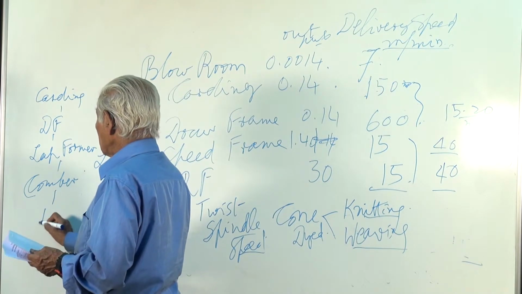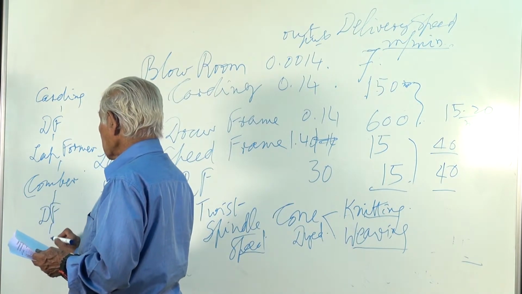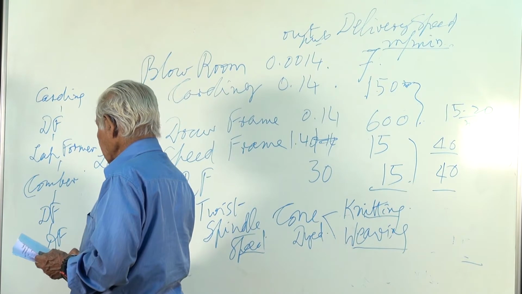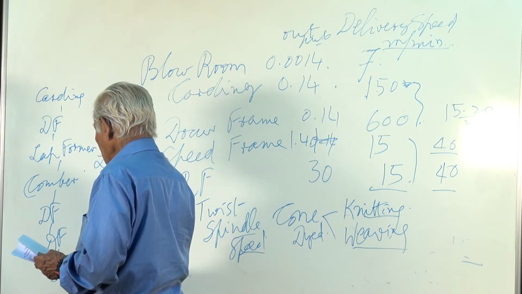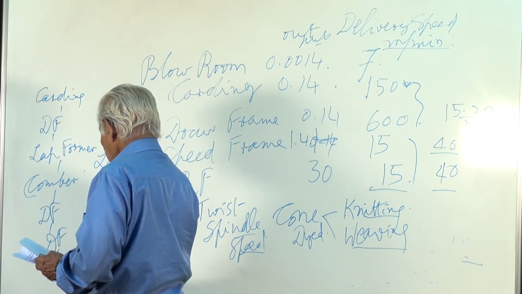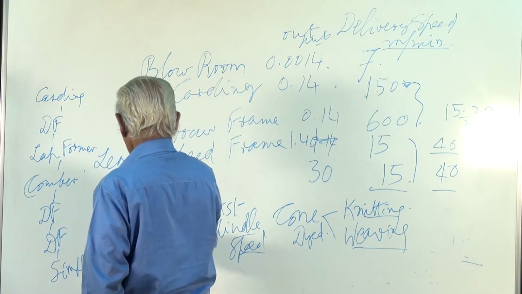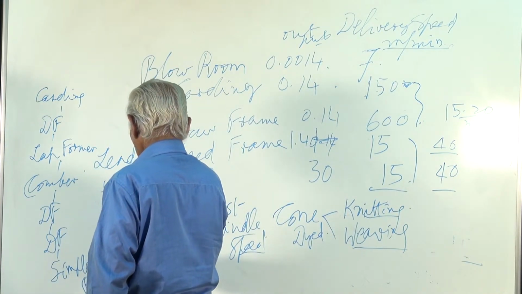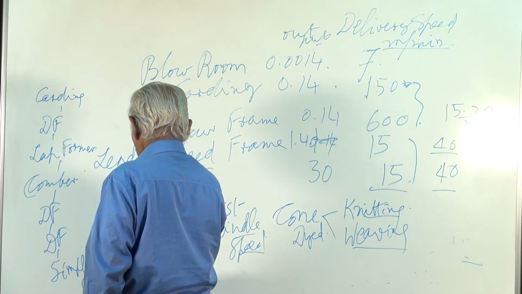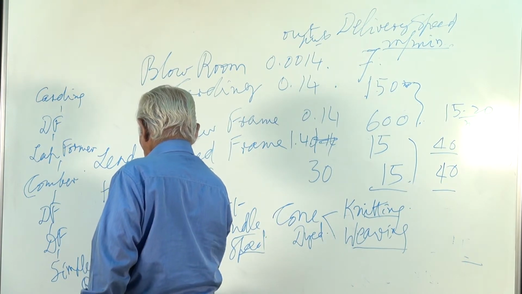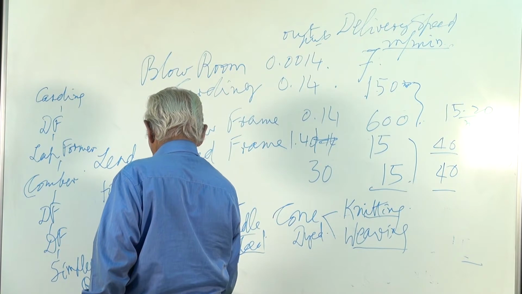And two draw frame passages after the comber, then simplex and ring frame. Then after ring frame, cone winding, doubler winding, doubling, then marketing.